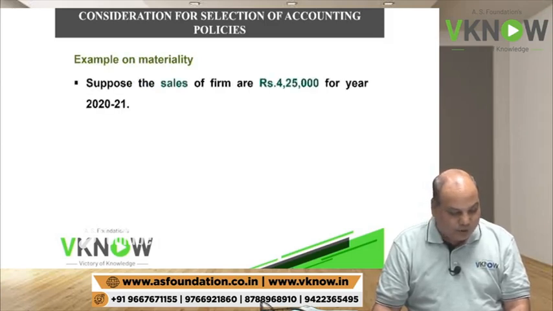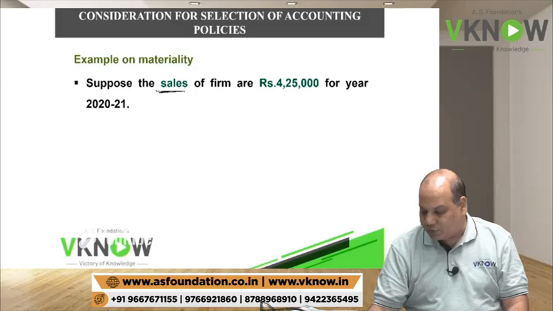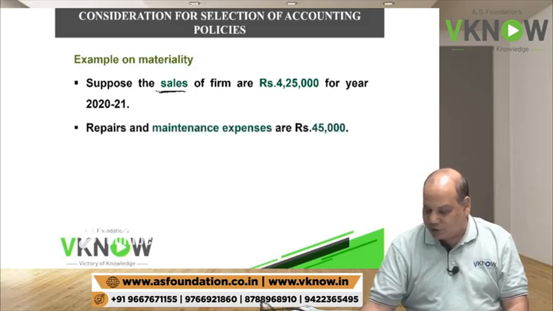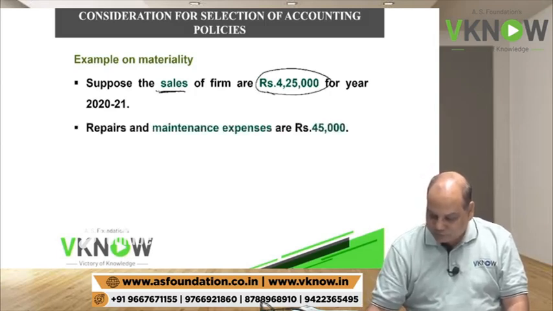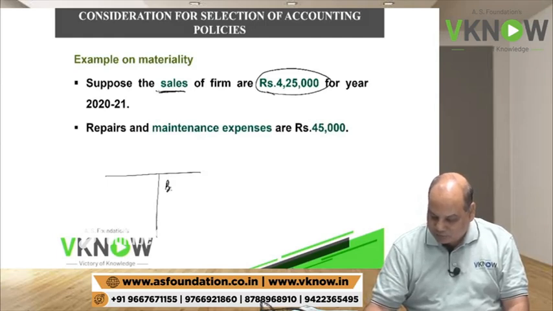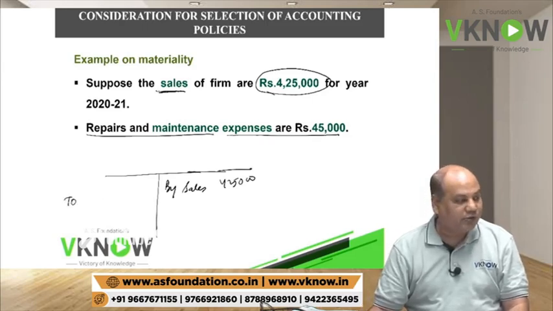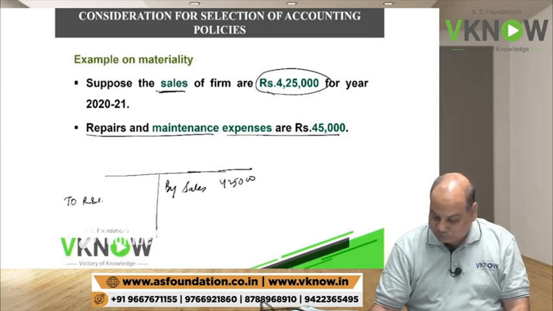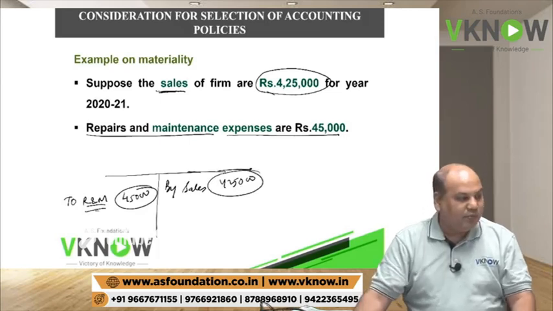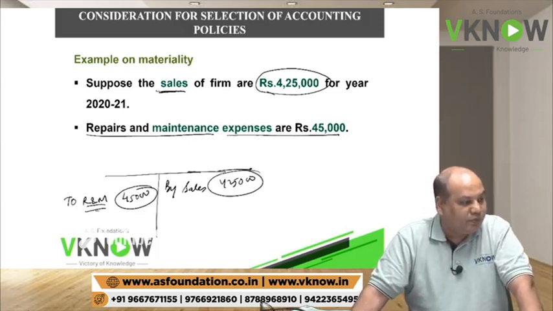Example of materiality. Suppose the sales of a company are 4,25,000. This is the P&L account. By sales 4,25,000, and there is expenditure on repairs and maintenance of 45,000. Is the repairs and maintenance expenditure material when compared to the sales figure?